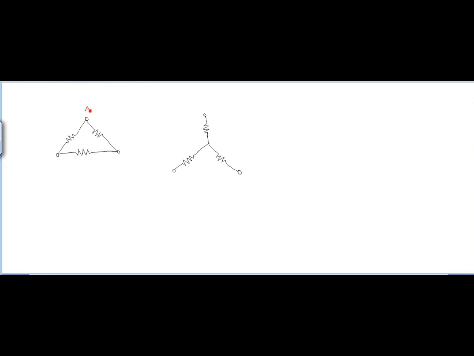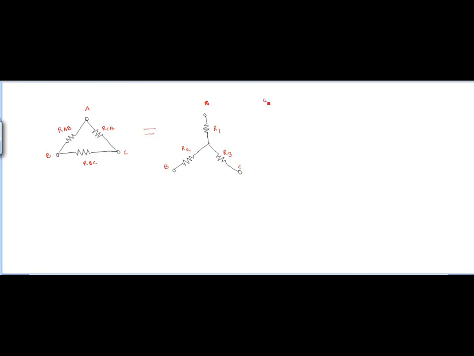Here is terminal A, B, C, RBC, RCA. We have to find the equivalent star network of this delta network. When will we call these two networks equivalent?